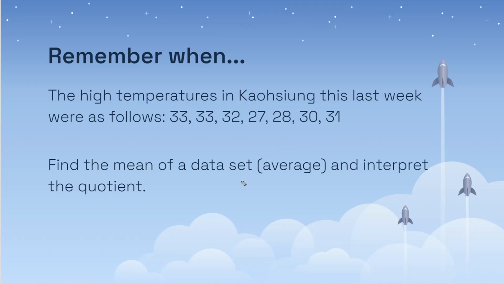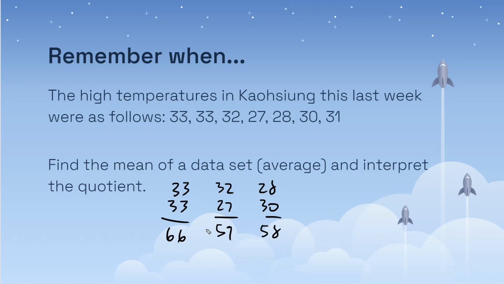So if we want to find the mean, which is the average, we would first add them all together. So that's 66, that's 59, that's 58. So let's add these two together and then add 31 to 58. Oh boy.